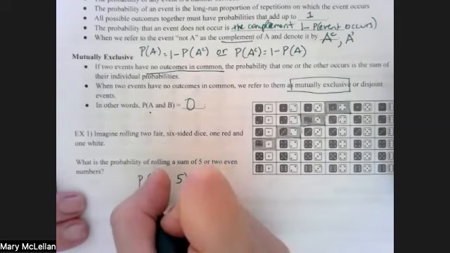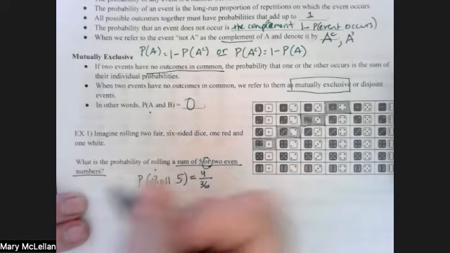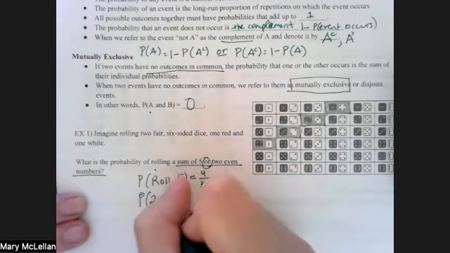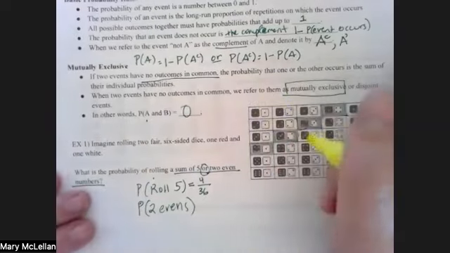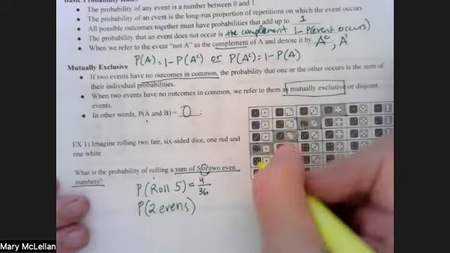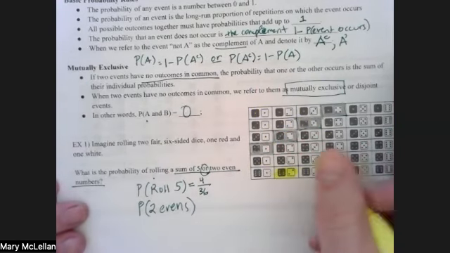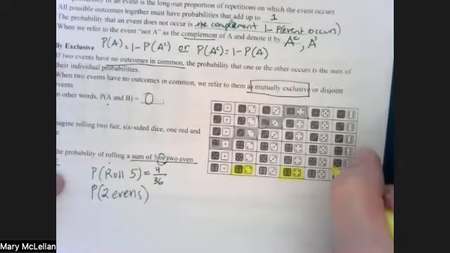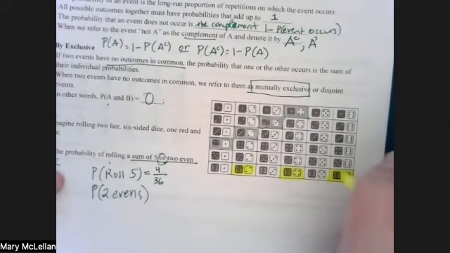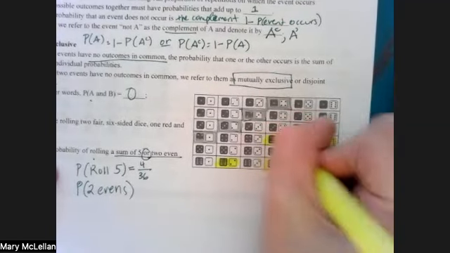And the probability of rolling 2 evens, I'll highlight the ways that I could get 2 even numbers with yellow. Okay, so if I rolled a 4 and a 6 and a 2, that's 2 evens. 6 and a 4, 2 evens. 6 and a 6, 2 evens. 6 and a 5, no. Okay, so it looks like it's going to be every other, and I can just follow a pattern.